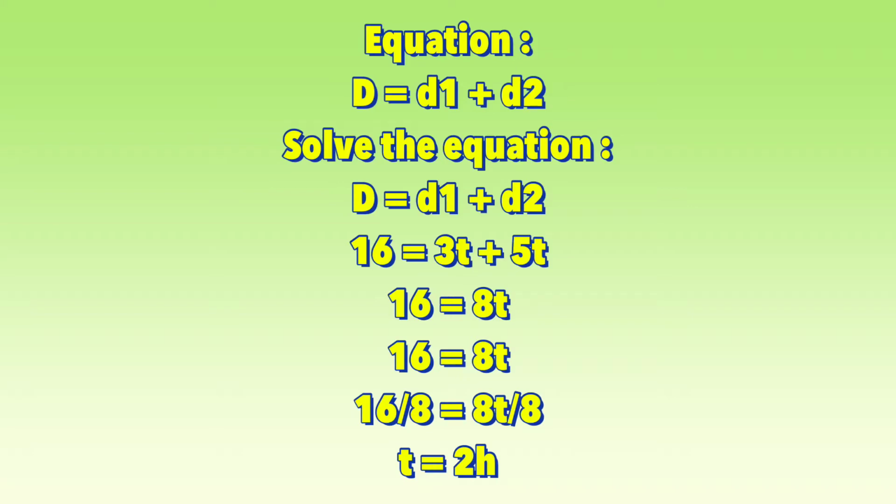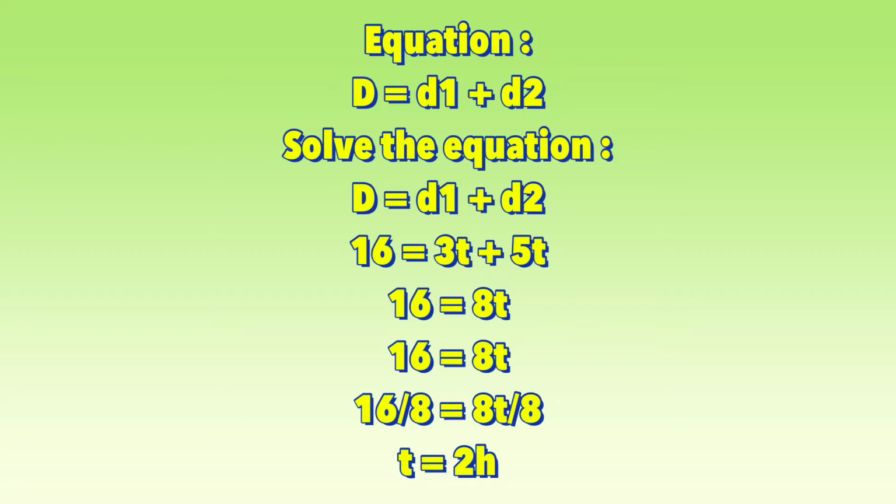Then substitute: for the distance of Lorna, remember we have D equals RT. So the rate of Lorna is 3 kilometers per hour times T, so that's why it becomes 3T. Plus the rate of Peter, 5 kilometers per hour times T, so that's why it becomes 5T.